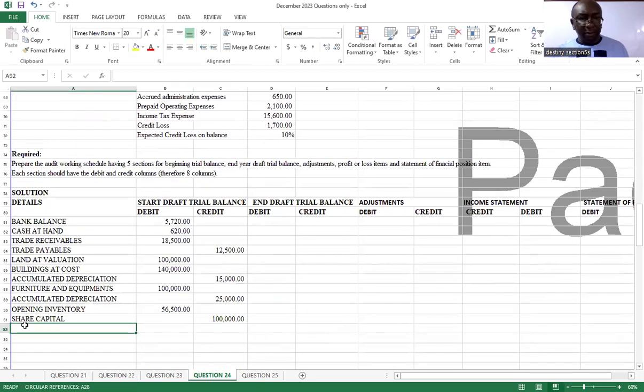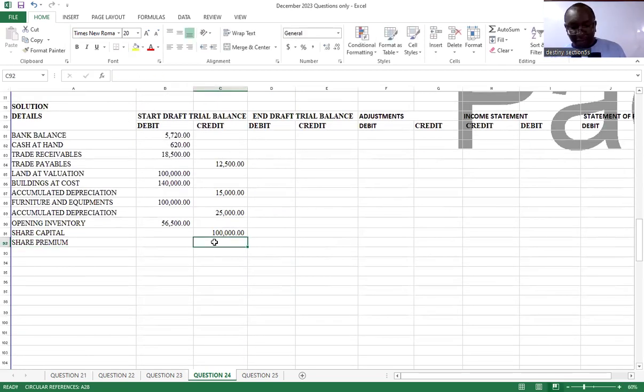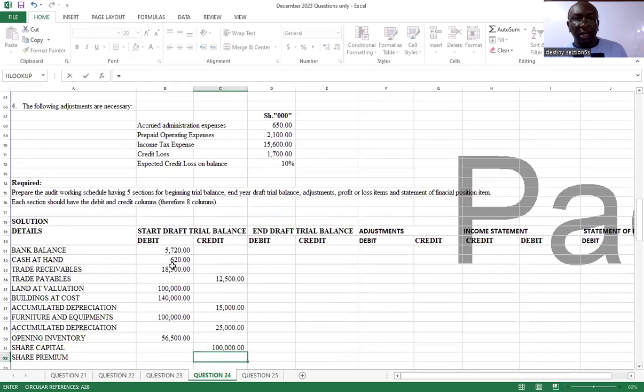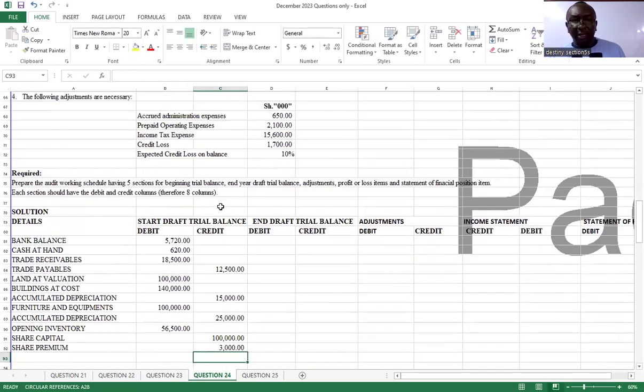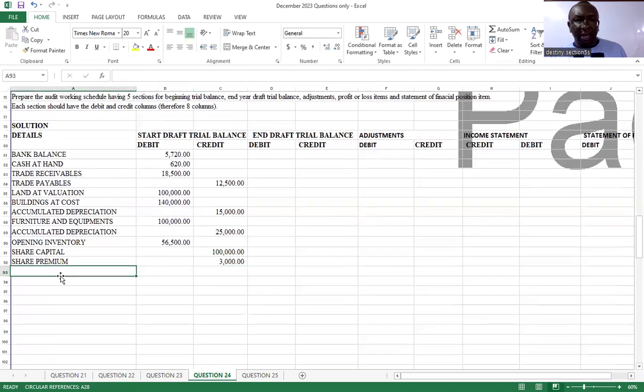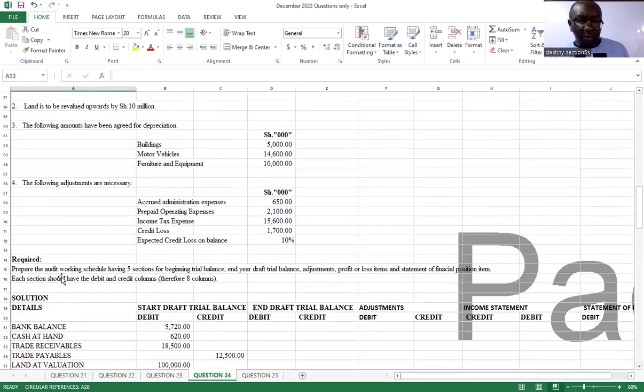So we come and say share premium. Share premium, we also know it should be a credit balance. So we come and pick that amount, this one. We enter there.